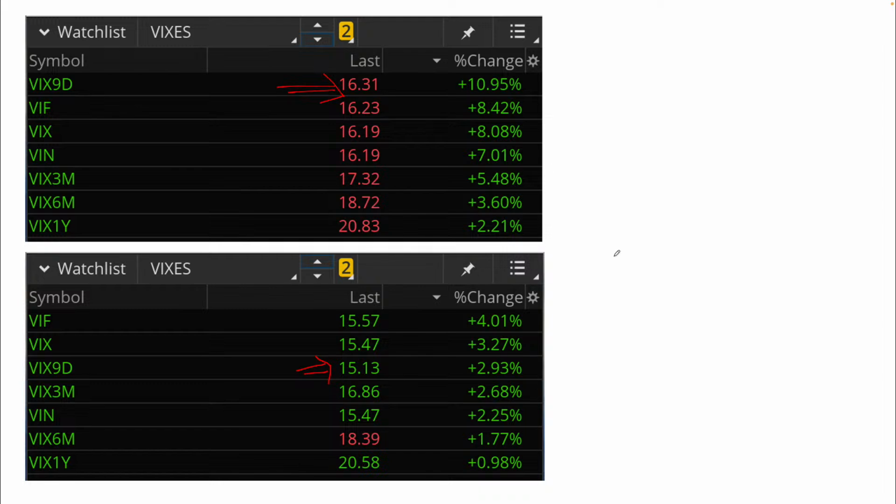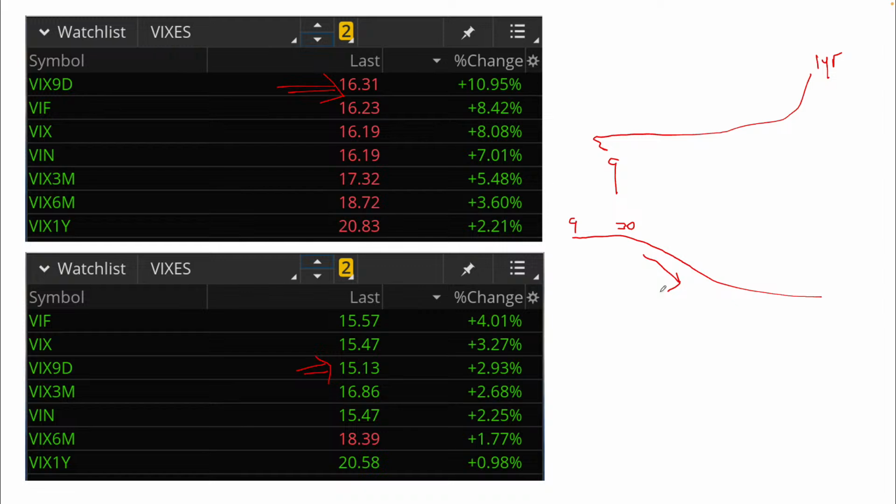Focus on VIX term structure. When it looks like this, and the 9 day is chilling, and a 1 year out, the market's going higher. What we have to watch out for is this.